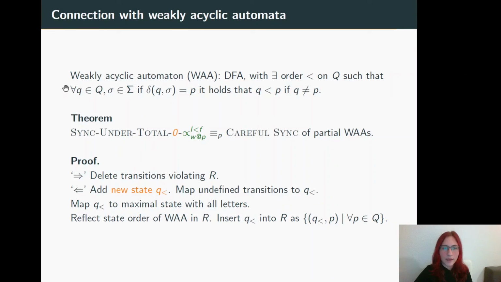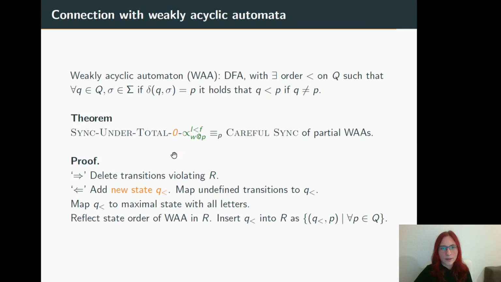A weakly acyclic automaton is a deterministic finite automaton such that there exists an order on the set of states such that all transitions are leading to bigger states. And the class of weakly acyclic automata is a subclass of the class of aperiodic automata.